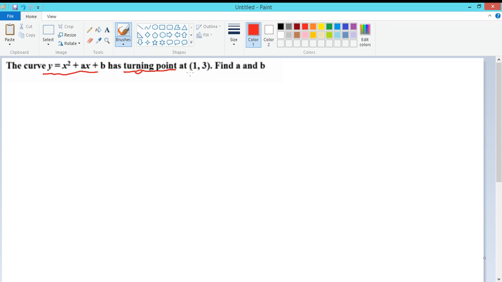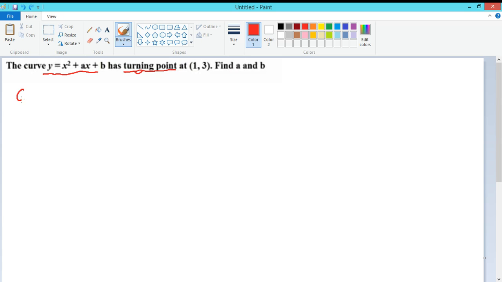What this question is asking us is to find the values of A and B given the turning point. In the previous questions we solved, the equation is given and you were supposed to obtain the turning point. But now they have given you the turning point and a certain element within the equation. It's the same procedure.